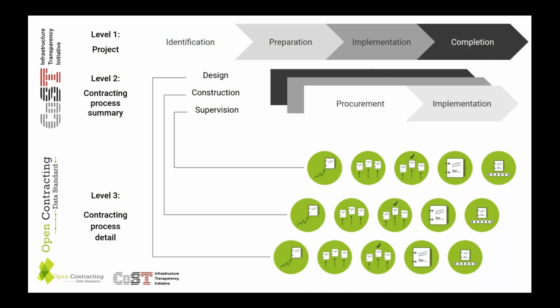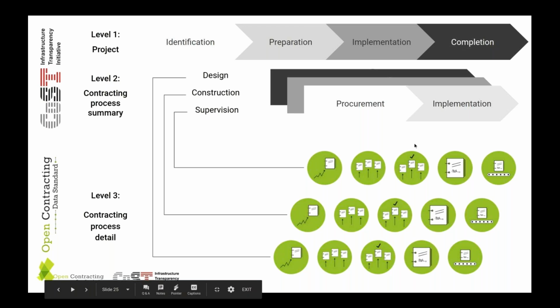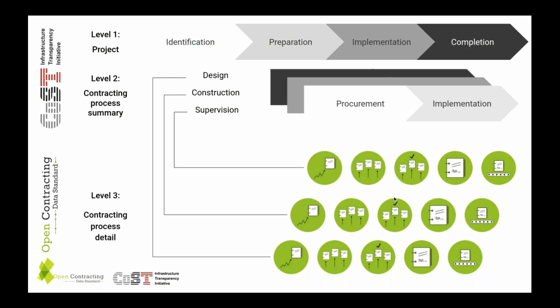So each update and variation to a contract can be monitored, and for transparency purposes, justifications or explanations for each change can be sought. So level 3 is our OCDS data. You may recognise the green circles from when we looked at OCDS earlier. And then level 1 and level 2 are the additional information that OC4IDS provides about the infrastructure project.